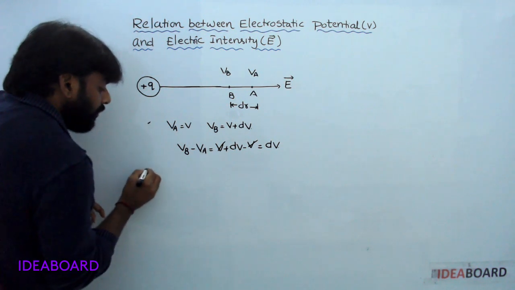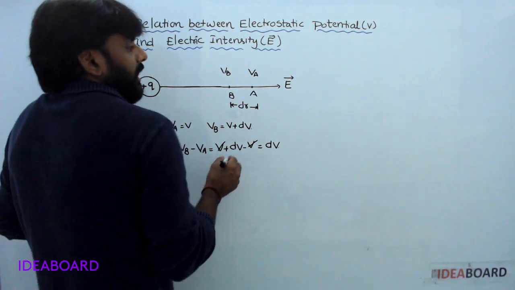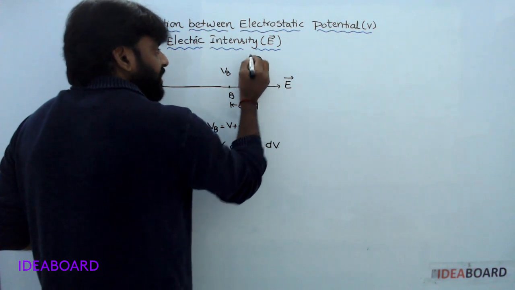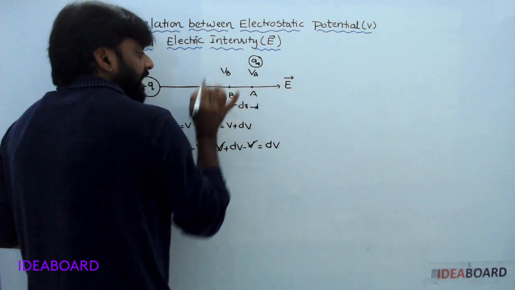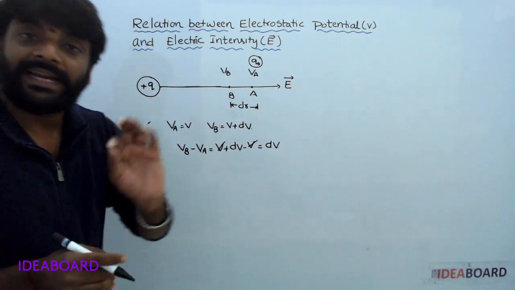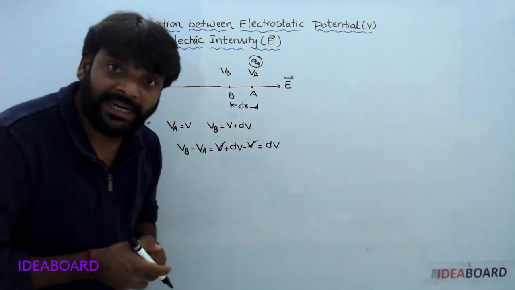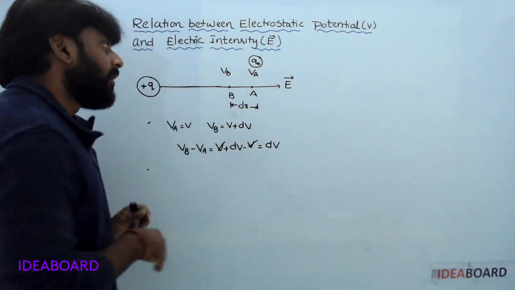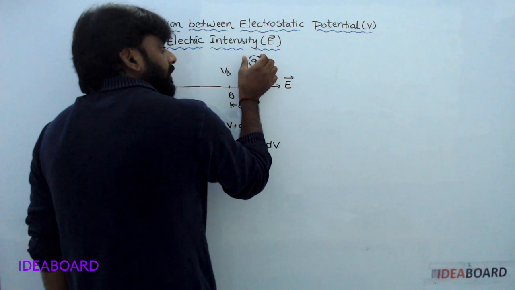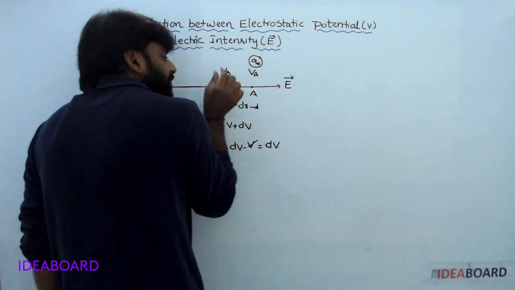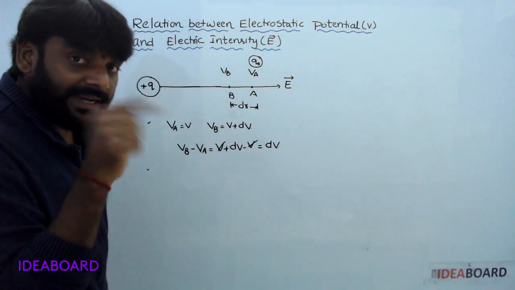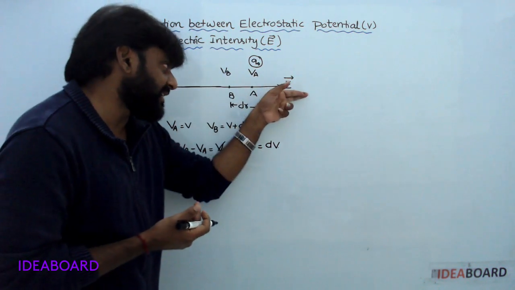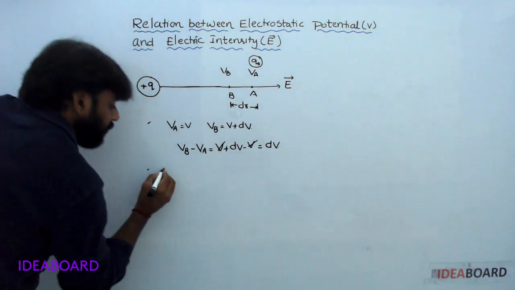Next, to move one test charge from A to B without acceleration, some external force is required, opposite to the electric field intensity direction.